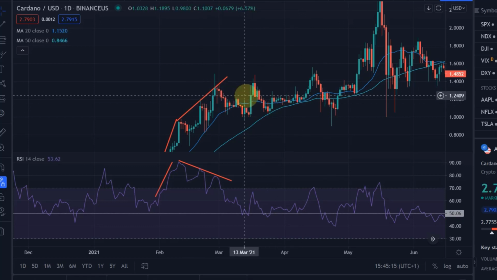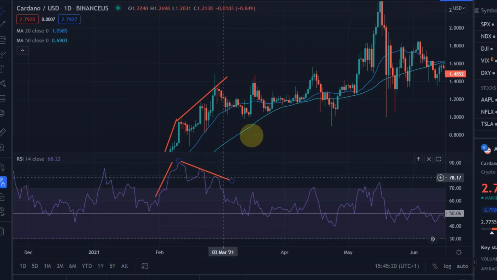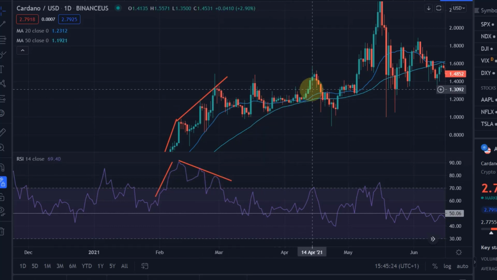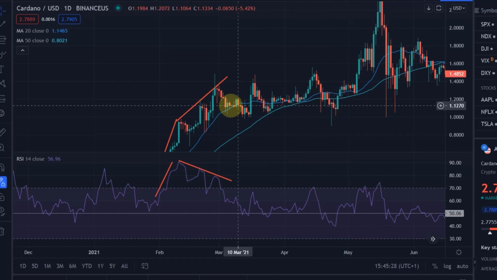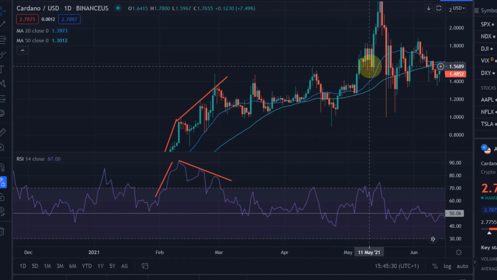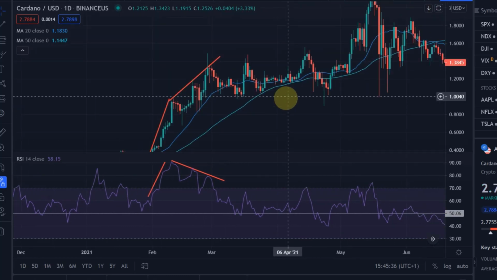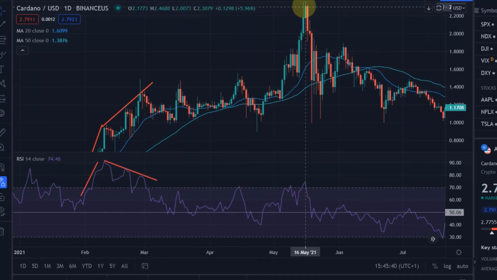But if you want to avoid that you sell your position just because of the RSI, you can still take the moving averages to be on the safe side, because this shows that we were all the time, only exception is this false breakout, above the moving averages. So still a bull market, still positive trend, and then you wouldn't have had to sell your positions, and you made all of these gains if you stayed in the trade as long as possible.